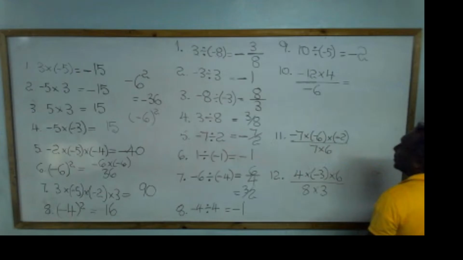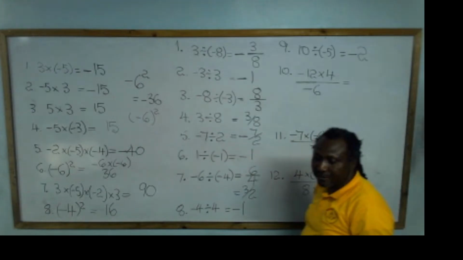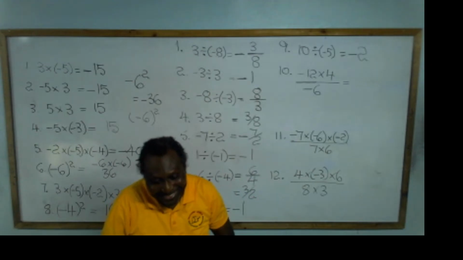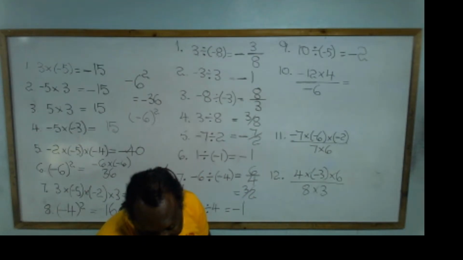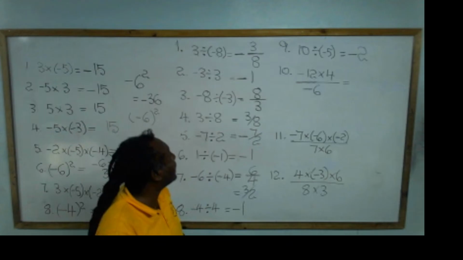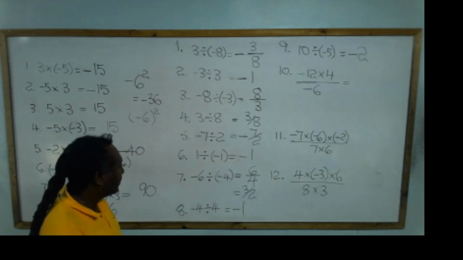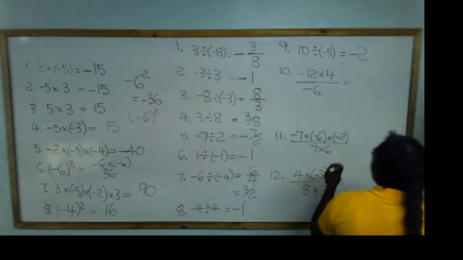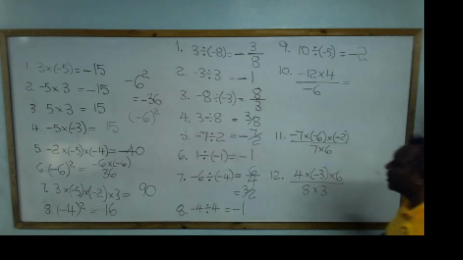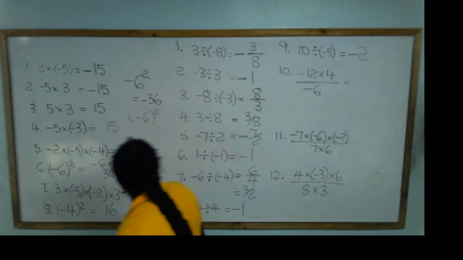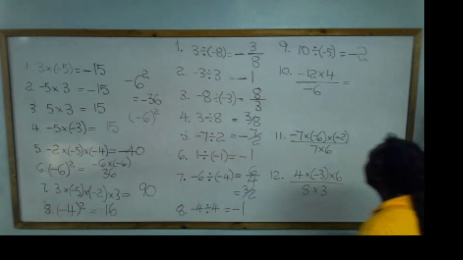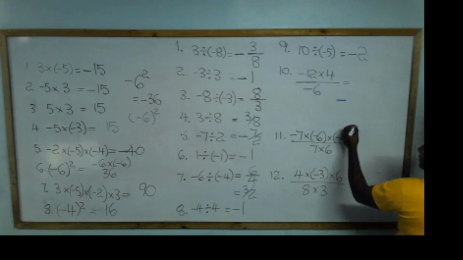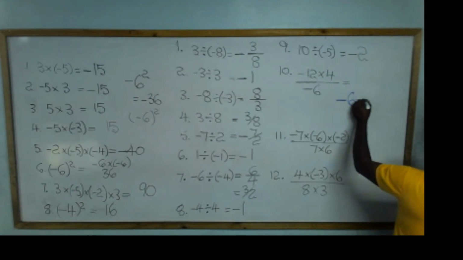The first thing that we decide on right there, that's very nice. How I got number 7? I think that you could do it on your own: -6 divided by -4.